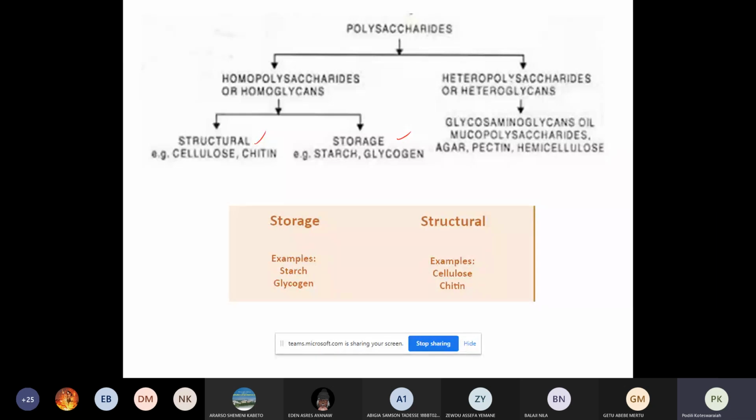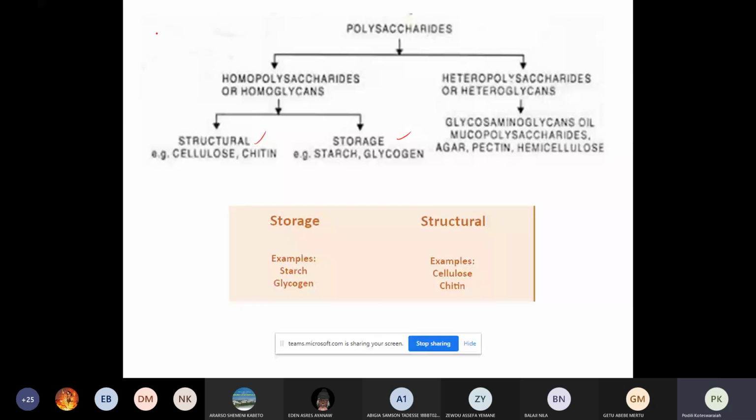In the same way, in animal tissues, these heteropolysaccharides are mainly present in the extracellular space, and that provides structural support and holds the cells together and provides protection, shape, and support to the cells and tissues as well. In general, when we say polysaccharides, they are long carbohydrate polymers, and they are also known as glycans.